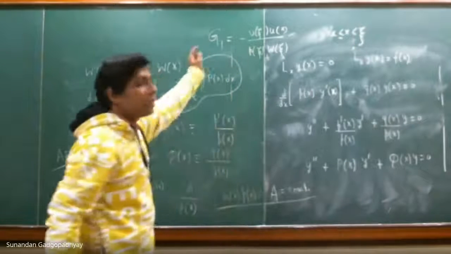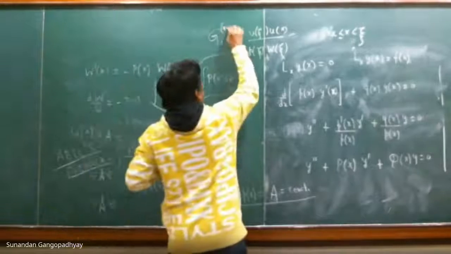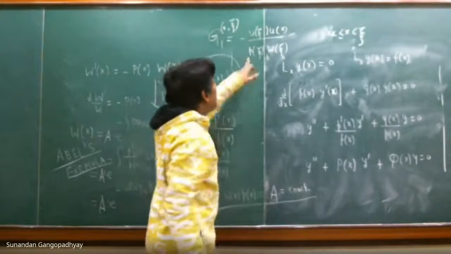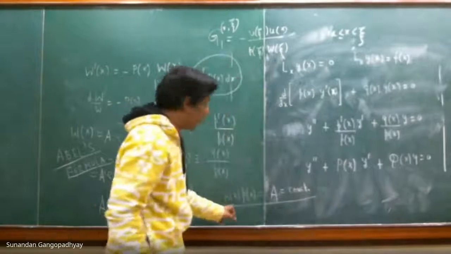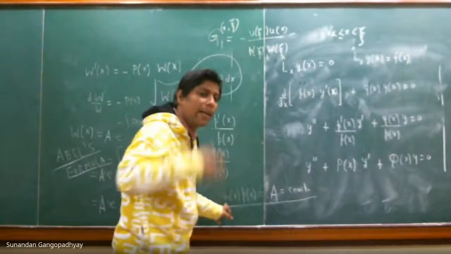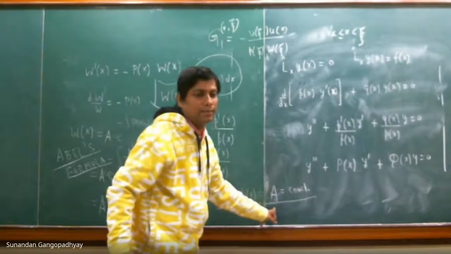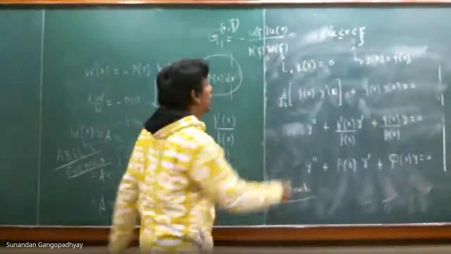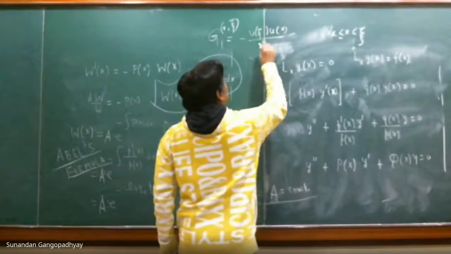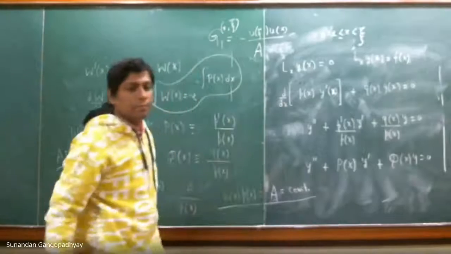This was g1 as a function of x comma xi. But what is p xi w xi? See, we have just now proved that p x w x for any x is some constant. Therefore, p xi w xi is also a constant, and you can replace it by some constant A.